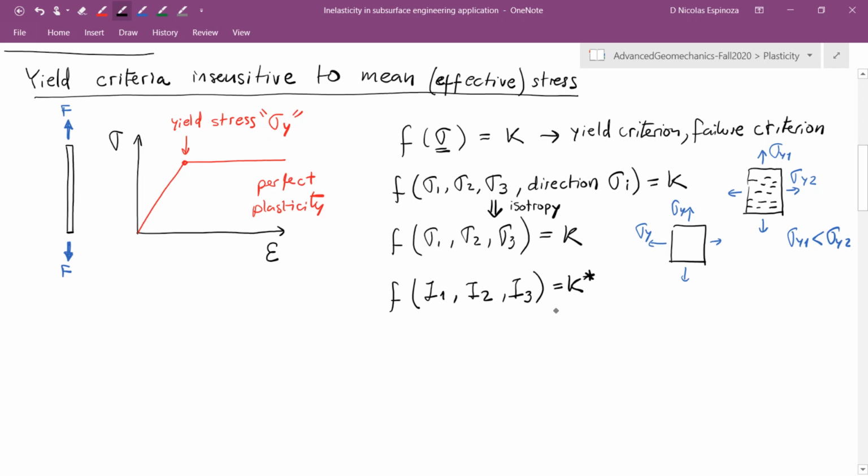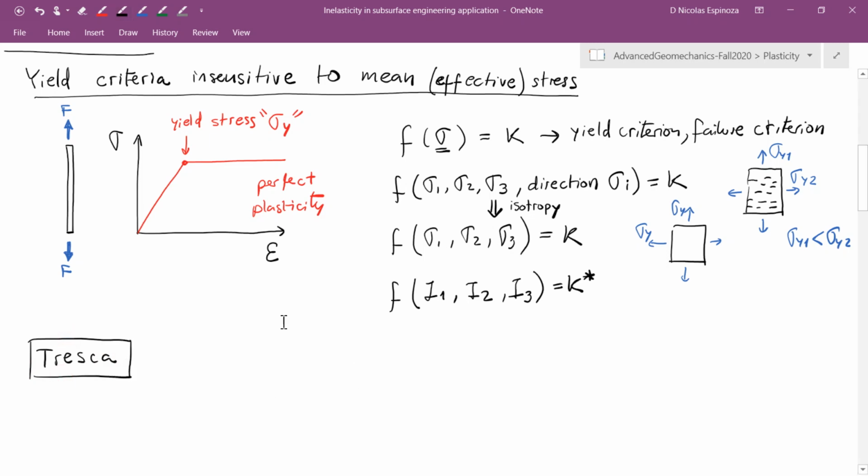Okay, let's see some examples of these yield criteria. The first one that we're going to see is the one which is called the Tresca yield criterion.